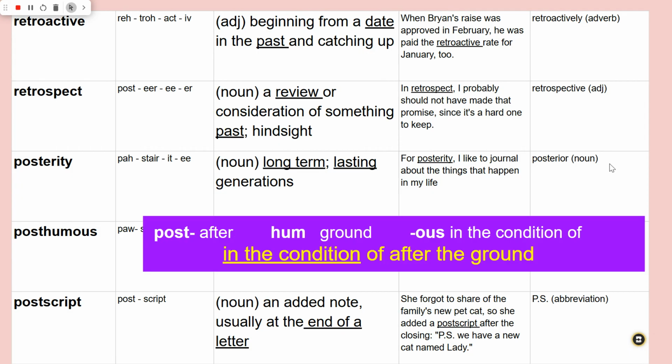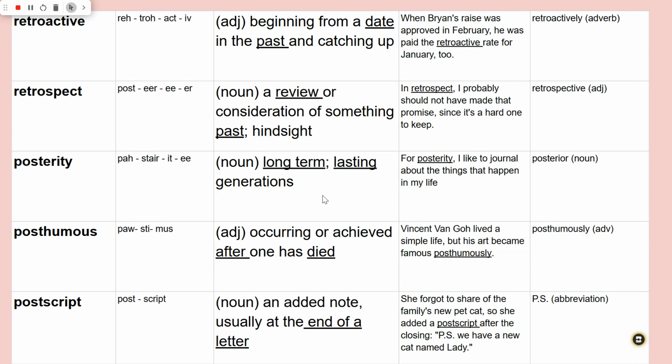Then we have posthumous, or posthumously is another form. It comes from post, which means after, hum, which means ground, and us, which means in the condition of. So I kind of crafted this definition that says in the condition of after the ground. Now that doesn't make any sense, because what the heck does after the ground mean? Well, this is where we connect to being human or having humanity.